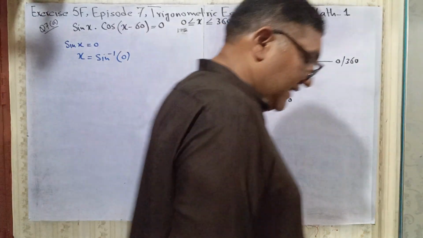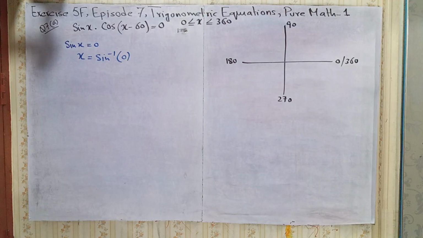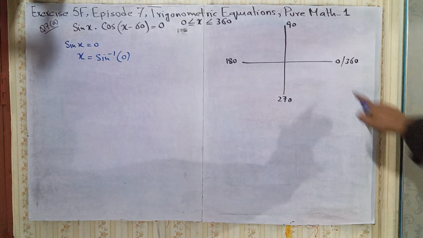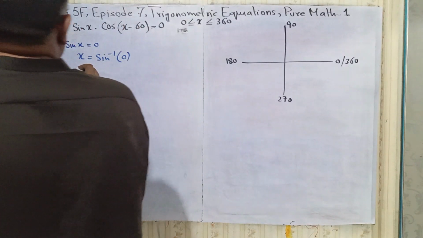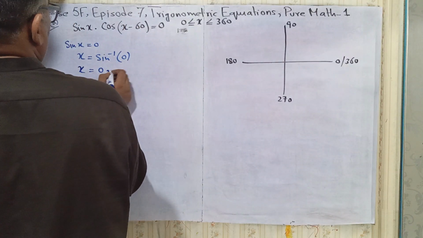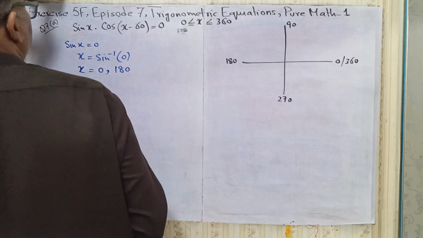You see, the sine is 0 at two places. The sine is 0 at 0 and the sine is 0 at 180. So that means x is equal to 0 or it is equal to 180.